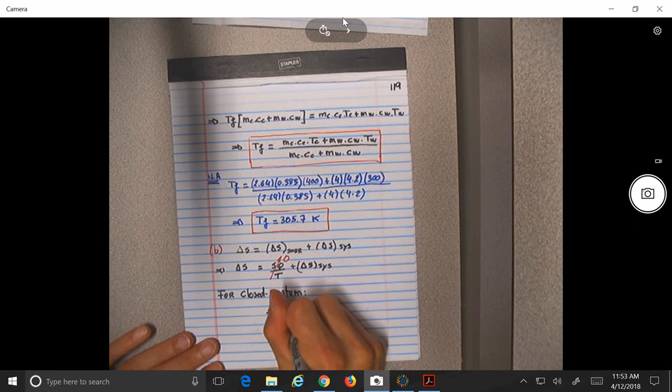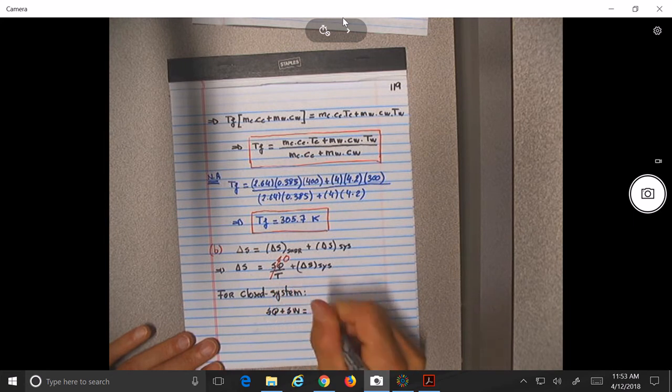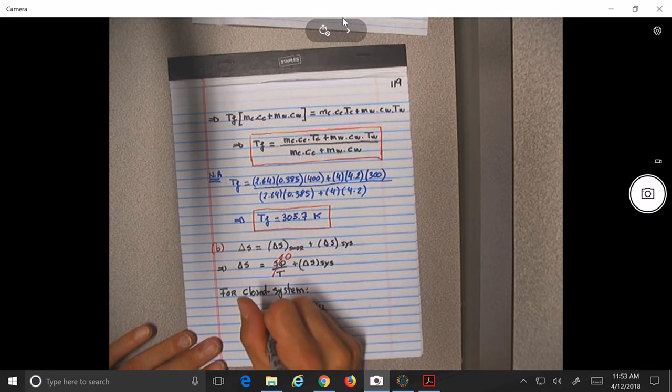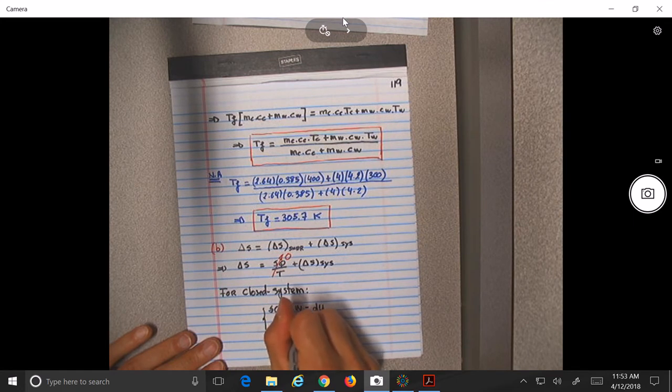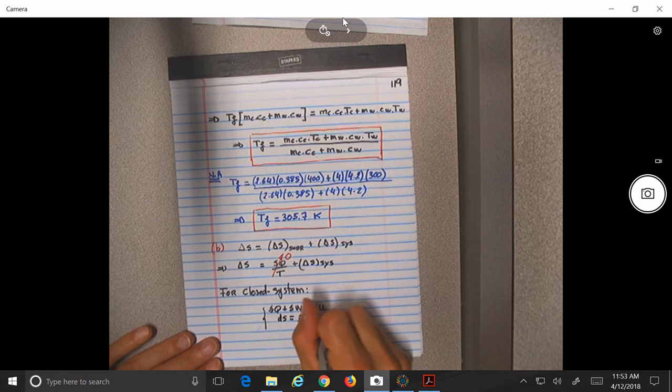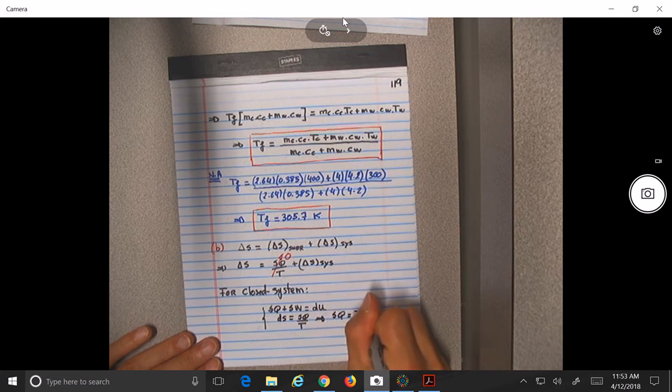Delta Q plus delta W. We neglect kinetic and potential energy, so this is equal to dU. What is the definition of the entropy? Delta Q over T. Okay, so delta Q equal to TdS.